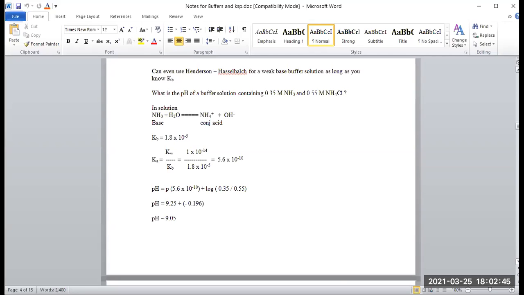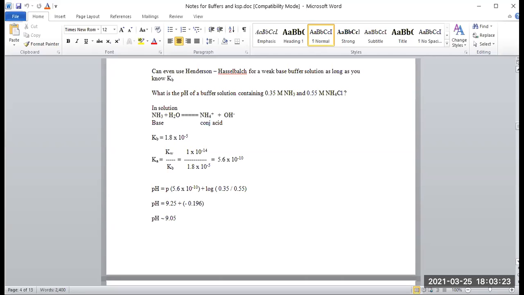Your equilibrium equation looks like NH3 plus water, because these are all done in aqueous solution, gives you NH4 and OH. But remember, we have all these things together in the same beaker. And weirdly, 1.8 times 10 to the negative fifth is the Kb for ammonia. It also is the Ka for acetic acid. I'm not really sure why they're identical, but most textbooks cite them as identical.